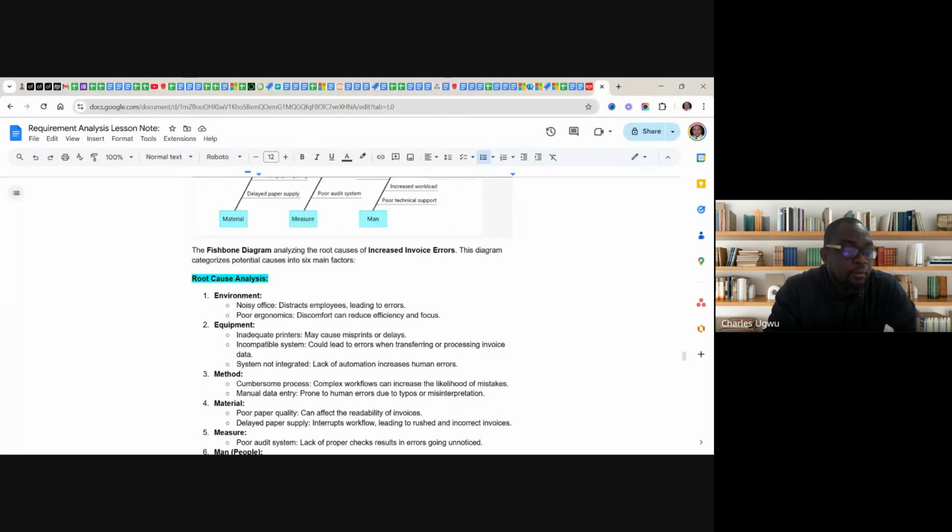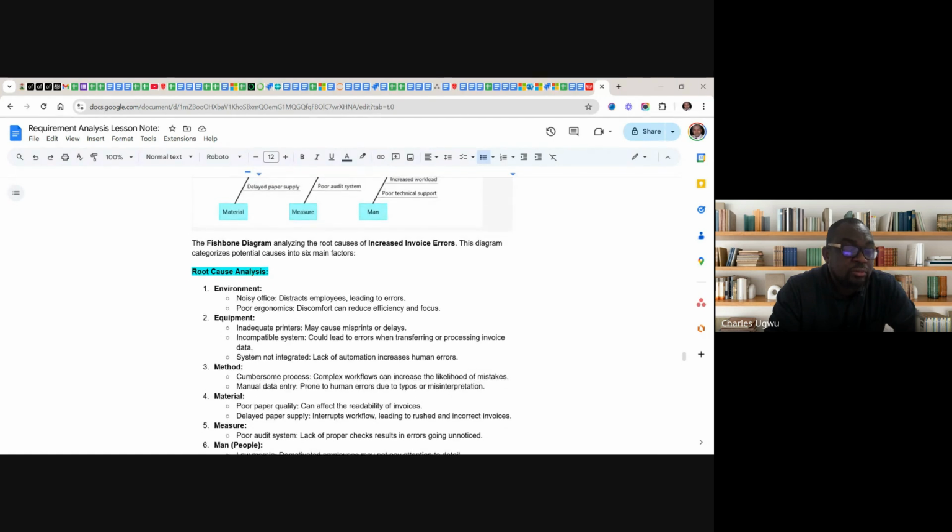Okay, looking at this, what we captured in the diagram, we have environment, equipment, method, material, measure, and people. Looking at environment, noisy offices distract employees, leading to error.